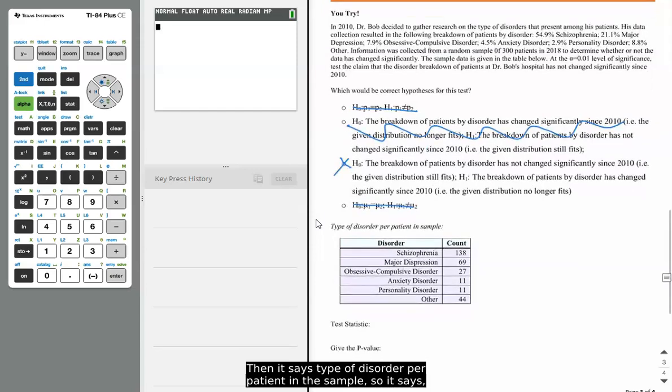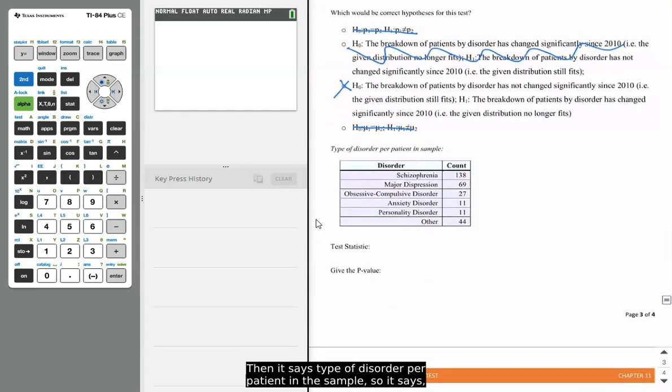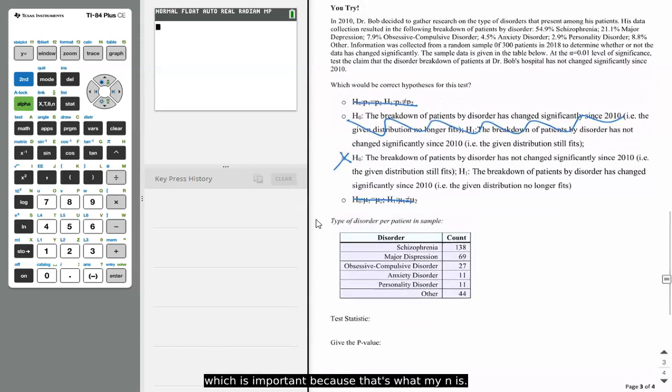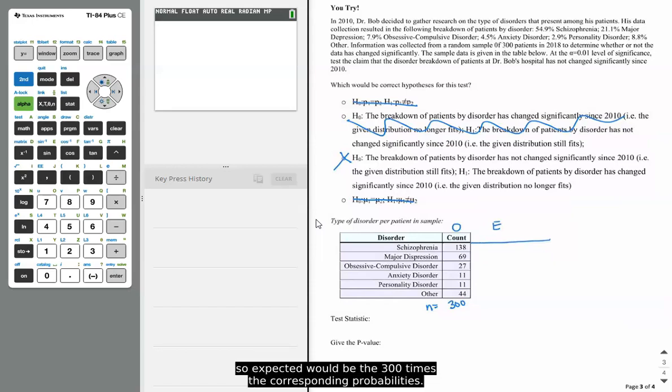All right. So then it says type of disorder per patient in the sample, right? So it says we sampled a total of 300, which is important because that's what my N is. So this is what was observed. So we need to figure out what's expected, and we still have to calculate this no matter what we do. So expected would be the 300 times the corresponding probabilities.